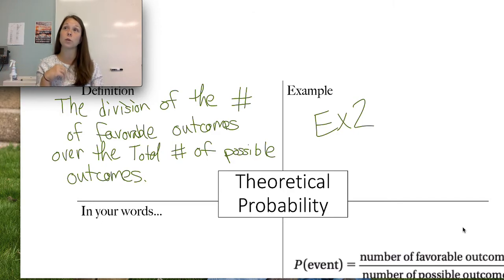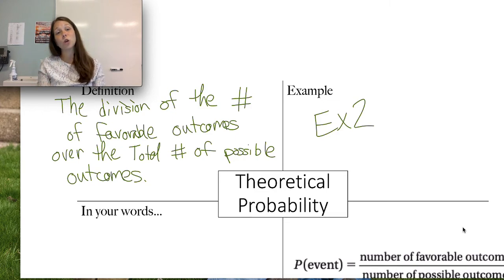So think about this. If we flip a coin, there's 2 sides to a coin. There's heads and there's tails. Well, we could flip our coin 25 times like we did in the experiment at the beginning of this lesson, and we might get different results than if we thought about it in theory in terms of the probability of flipping heads. So the probability of flipping heads, well, there's only one head side of a coin.